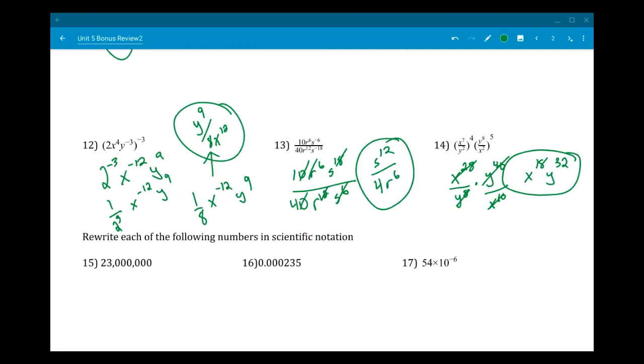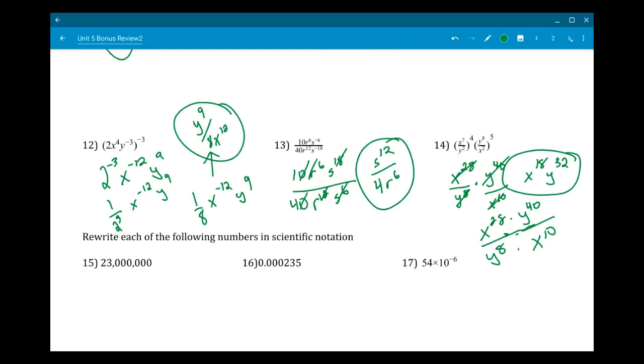For number 14, you can consider them things that you can cancel, because if I go back a little bit, when we're right here, if you were to multiply those fractions together, they would just become one numerator and one denominator. So there's no real reason to treat them as two separate fractions.